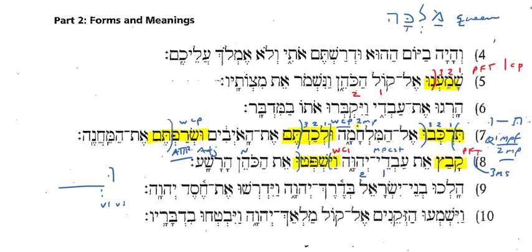Okay? Rather, it does make sense to view this as a construct chain, and if it is, then both of these go together as the object of the preposition L. We listen to the thing one of thing two. And kol is, am I going to translate that definite or indefinite here? Definite. Why am I translating it as the voice if there's not an article on it?